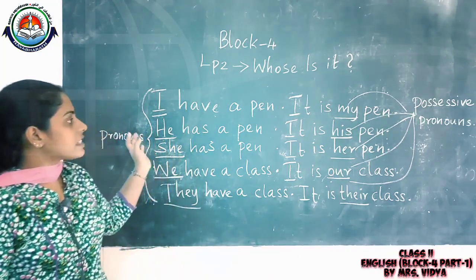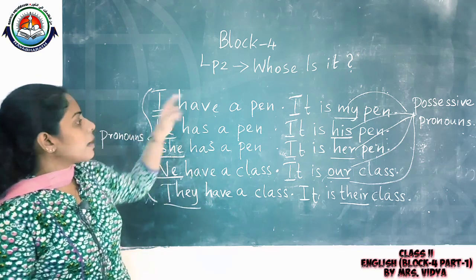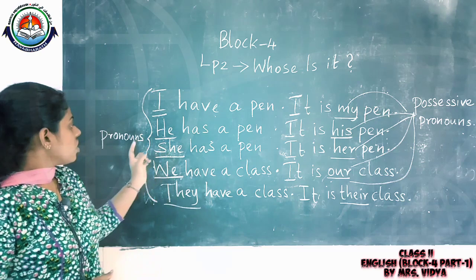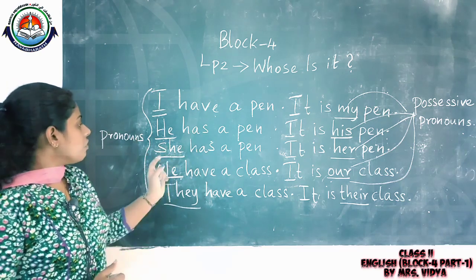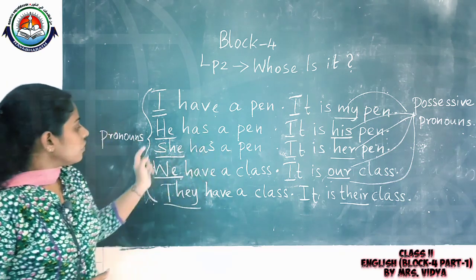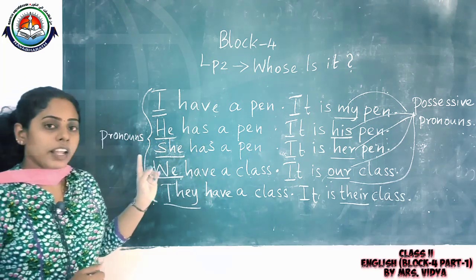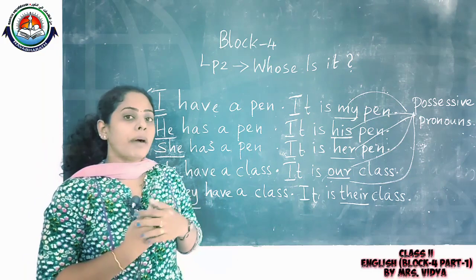So, we can connect those words like this. I, my. He, his. She, her. We, our. They, their. If you are using I, you have to say my.